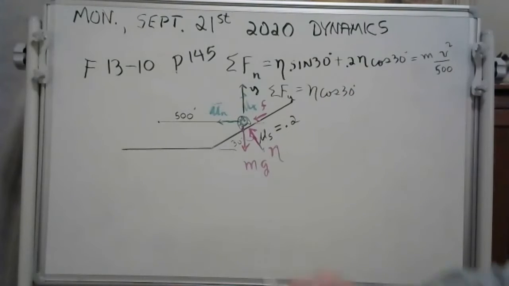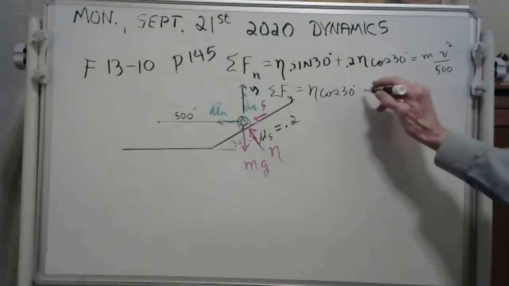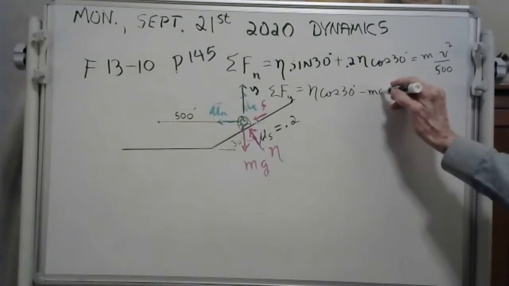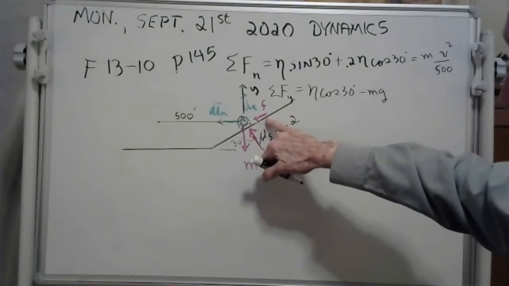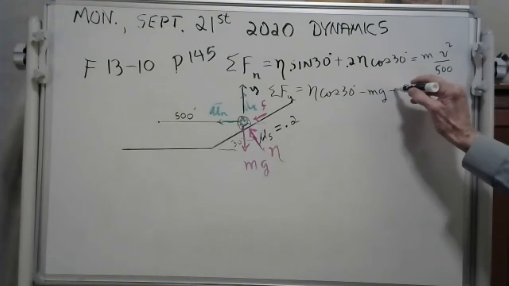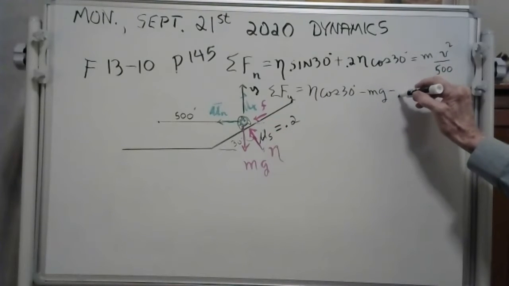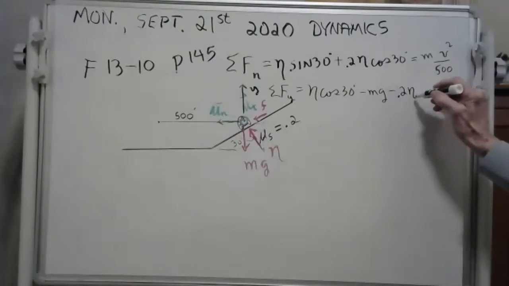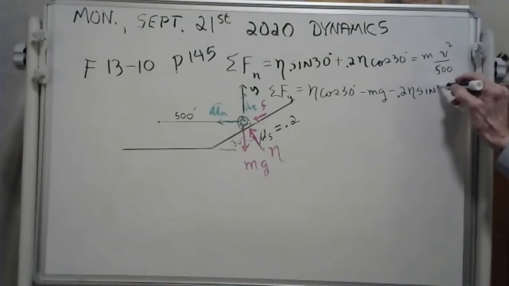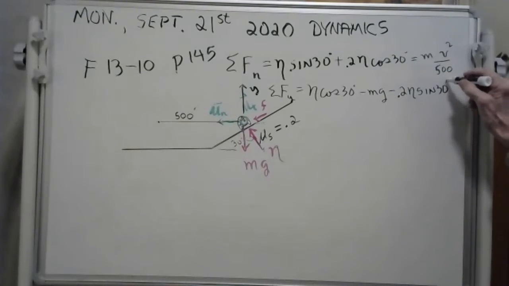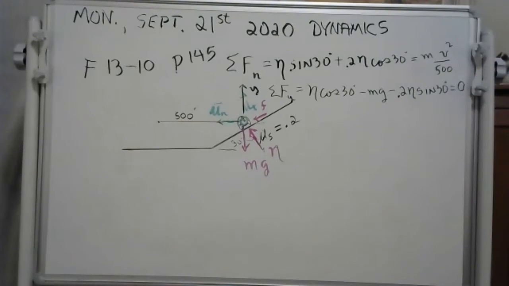Yeah. Hey, this has a component, this minus mg going down. And even this friction has a component going down. It's minus friction, which is 0.2 times the normal, sine of 30 degrees, equals 0.